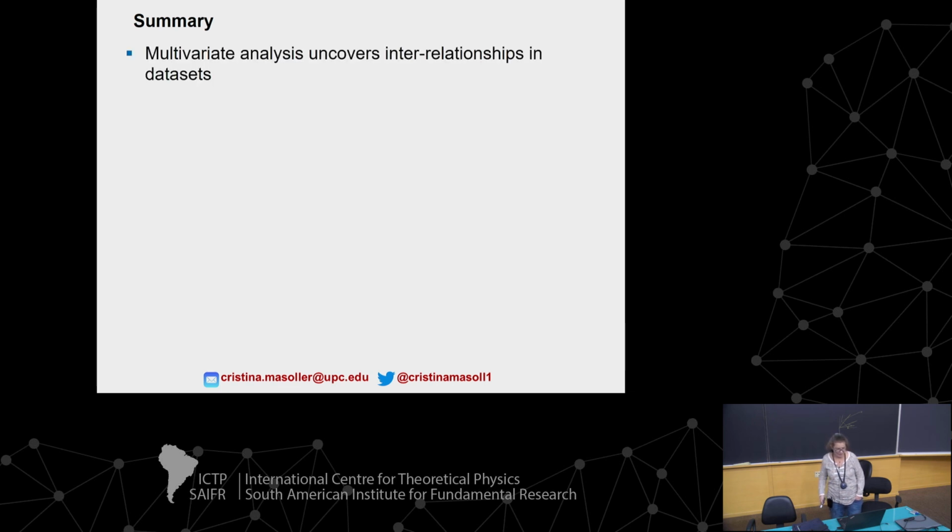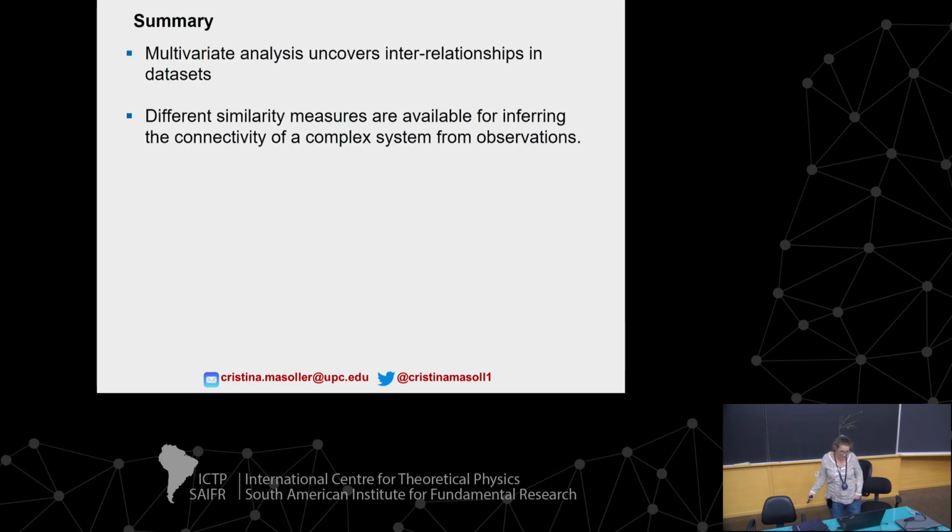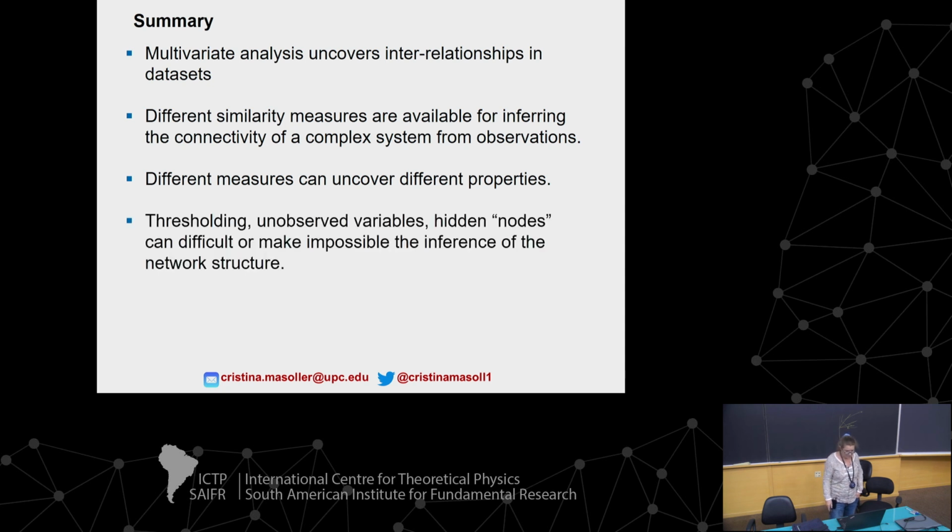Anyway, multivariate analysis uncovers interrelationships when you have data sets with many time series. Different similarity measures or causality measures are available to use, so you can infer. They will likely give you different results. You recover different properties.